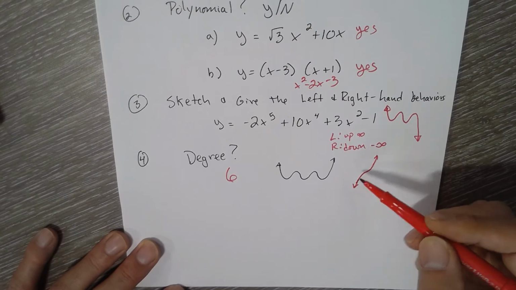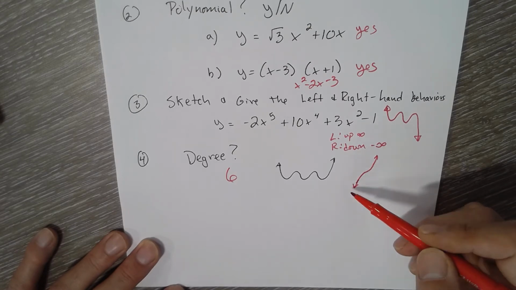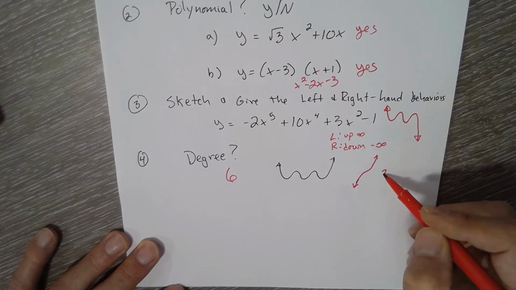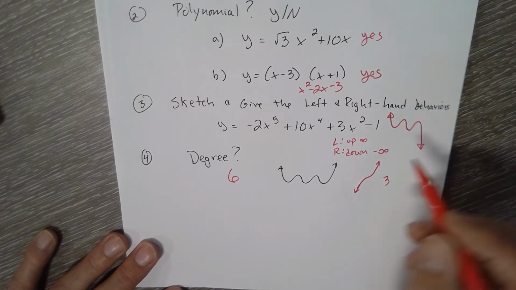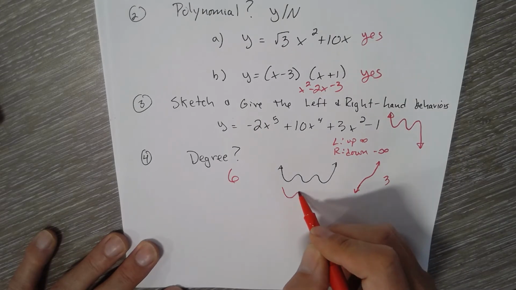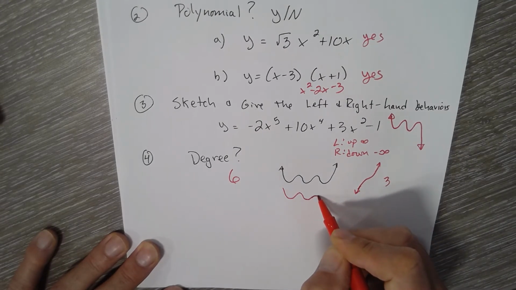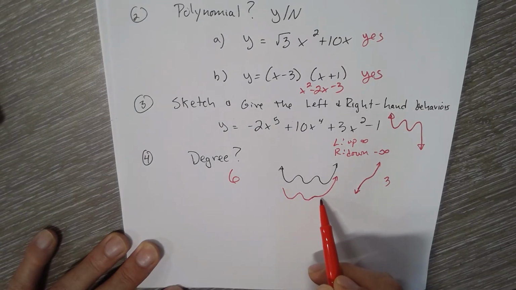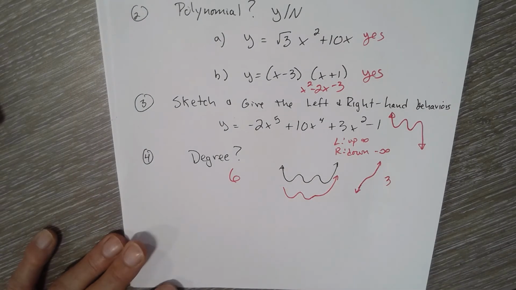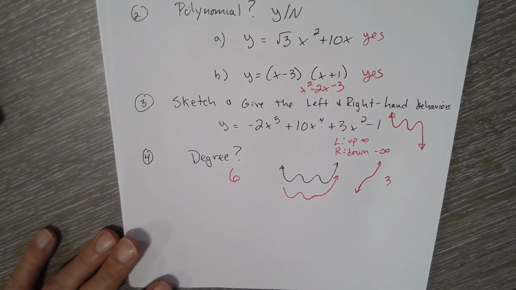It's got something called an inflection point. So 1, 2, 3. This is still a 3rd degree polynomial. So a 6th might go 1, 2, 3, 4, like that. 1, 2, 3, 4, 5, 6. They might be little subtle curves, but that still would be 6.